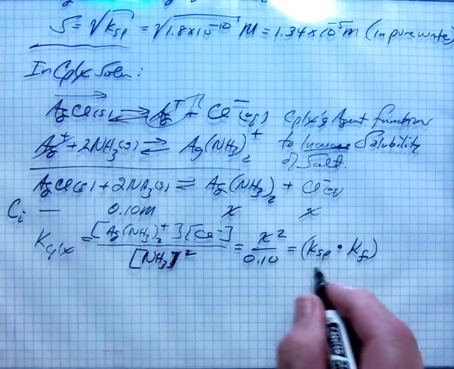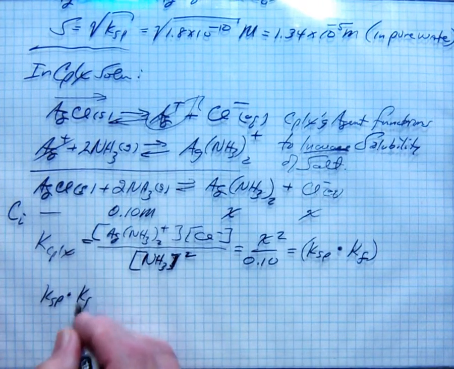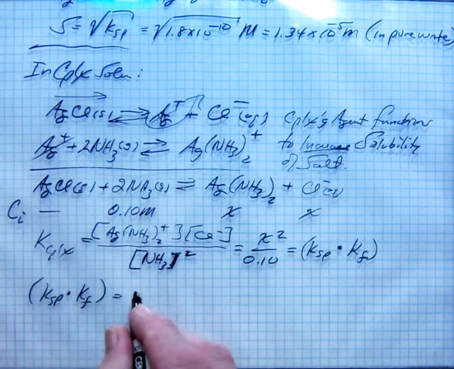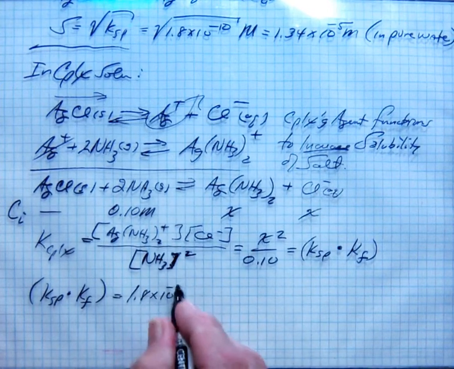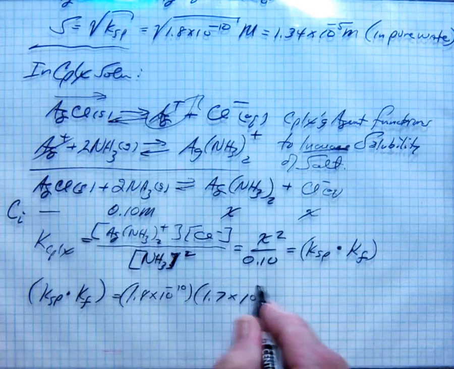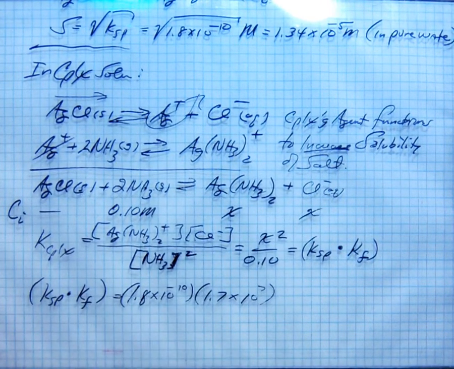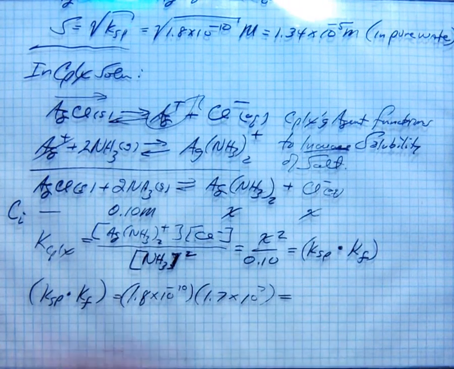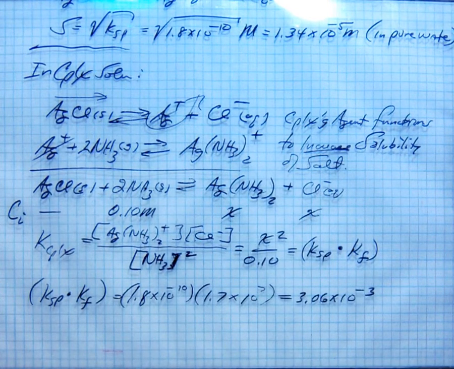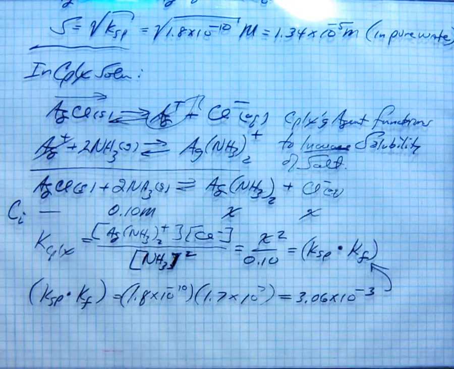So KSP times the KF, which we can look up or is given, is 1.8 times 10 to the minus 10, and this is 1.7 times 10 to the 7th for the formation K. Well, that gives us 3.06 times 10 to the minus 3 right here.